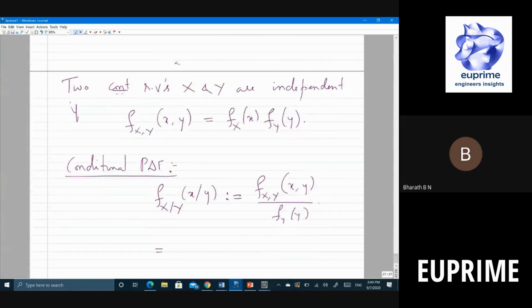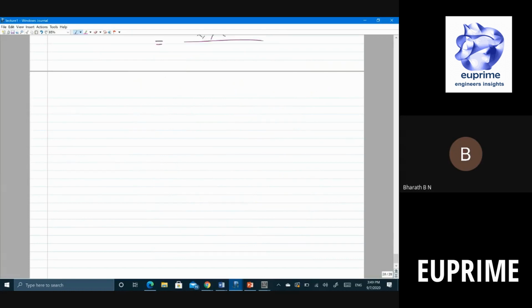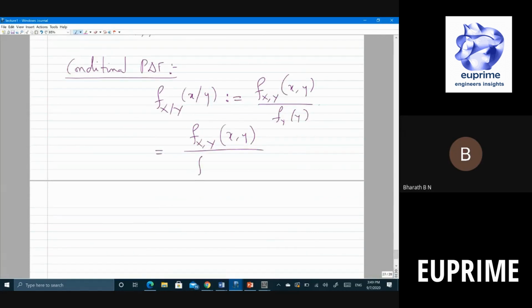I can write fy of y as the integral from minus infinity to infinity of fxy of x, y dx. Okay, because if I integrate a PDF with respect to one variable from minus infinity to infinity, you get the marginal, right? This is something that you have to check.